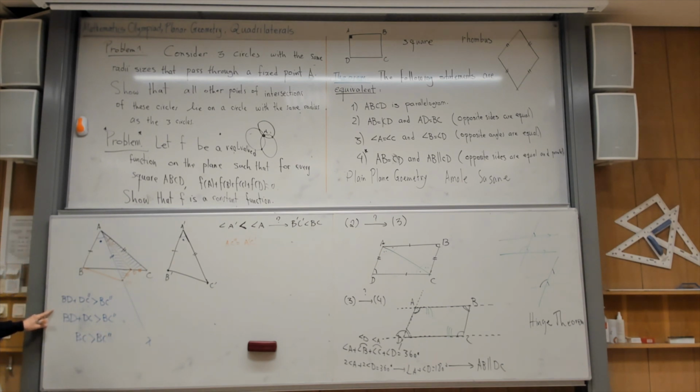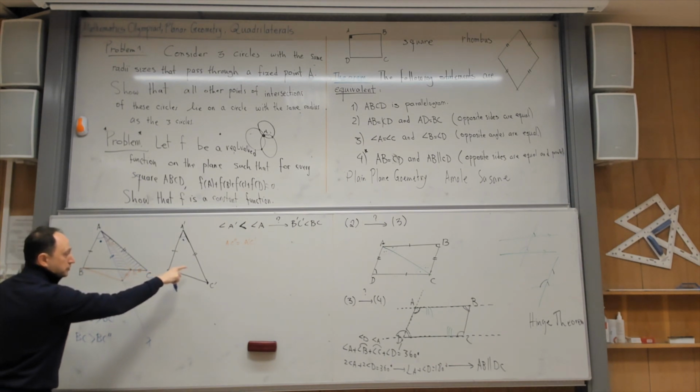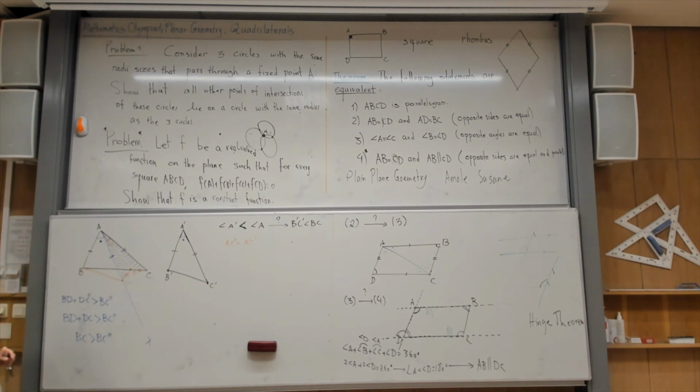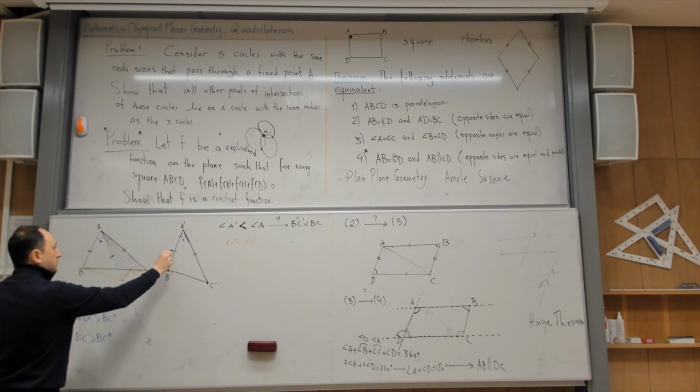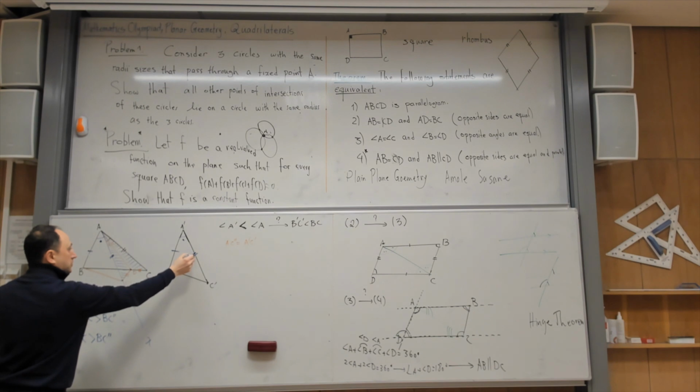Yes? But my goal was not to show that BC is larger than BC double prime. My goal was to show that BC is larger than B prime C prime. But I am done. Why? Because A B C double prime is congruent to A prime B prime C prime, based on construction, yes? Because this was equal to this from the beginning. This one, I chose it equal to this one myself.